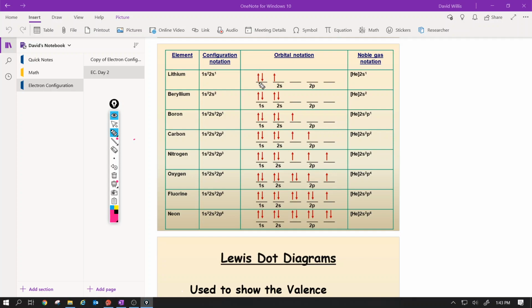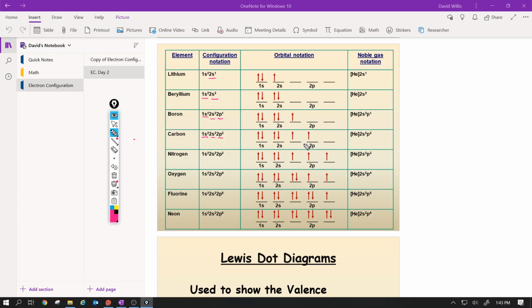Lithium, we've got an up and a down, and then we've got 1 more, and so it's just an up. What about beryllium? Up, down, up, down. Boron, up, down, up, down, up. Carbon, up, down, up, down, up, up.